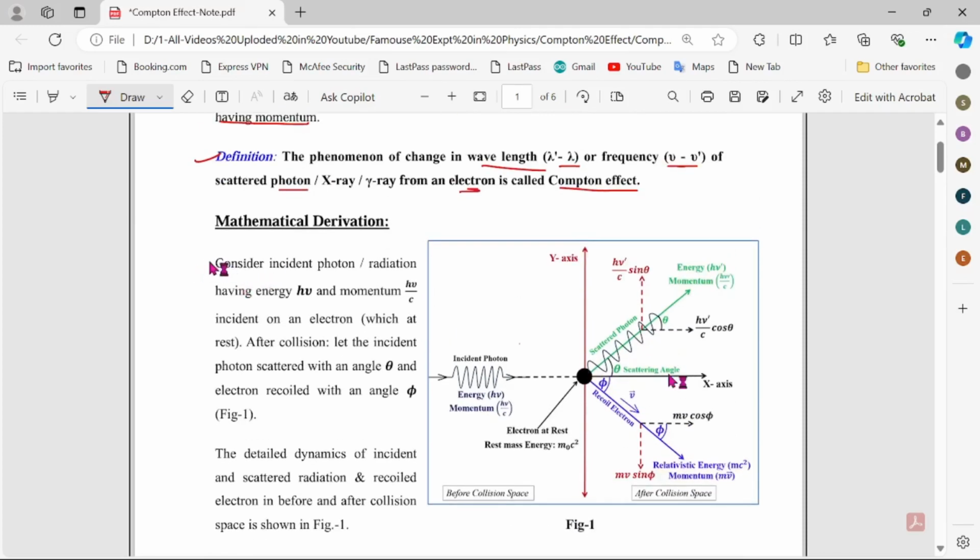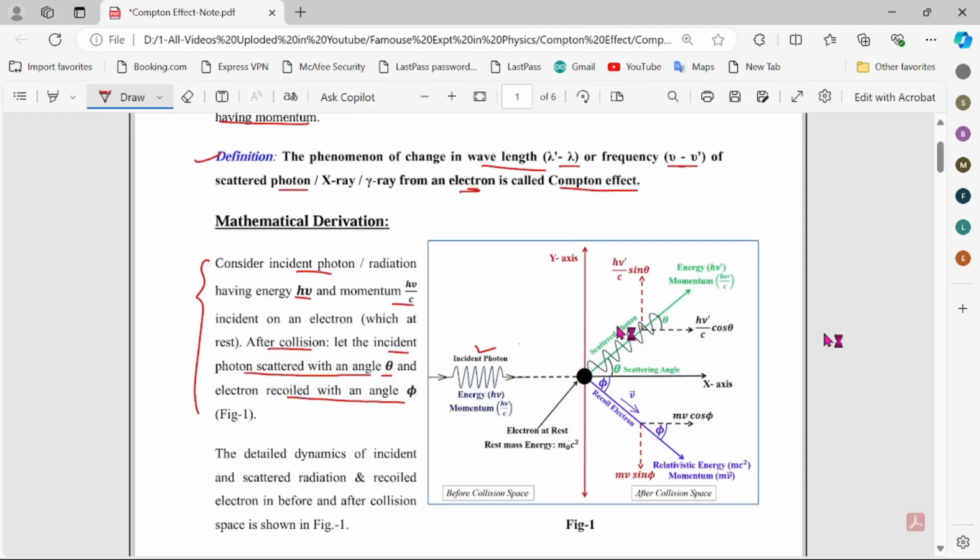In short, I have written what we already discussed in this figure. Here we consider an incident photon, this is your incident photon or radiation having energy h mu and momentum h mu by c, incident on an electron which is at rest before collision. Let the incident photon be scattered with an angle theta and the electron recoil with an angle phi.